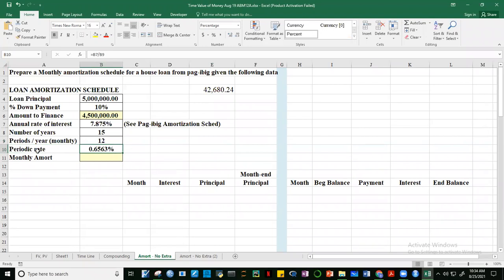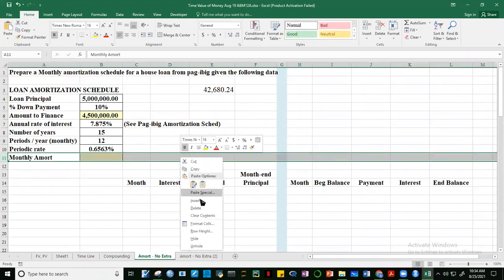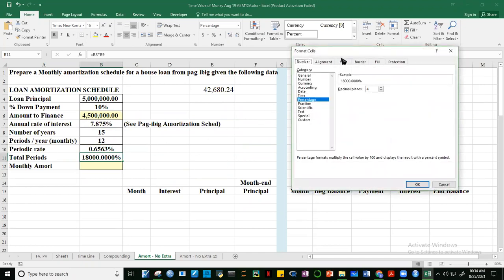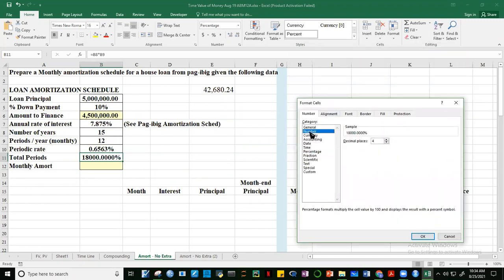Tapos lagyan din natin guys yung number of periods. Insert total periods natin. So ilan yung total periods natin? This is equal to 15 years times 12. Okay, so gawin natin number, walang decimal place.